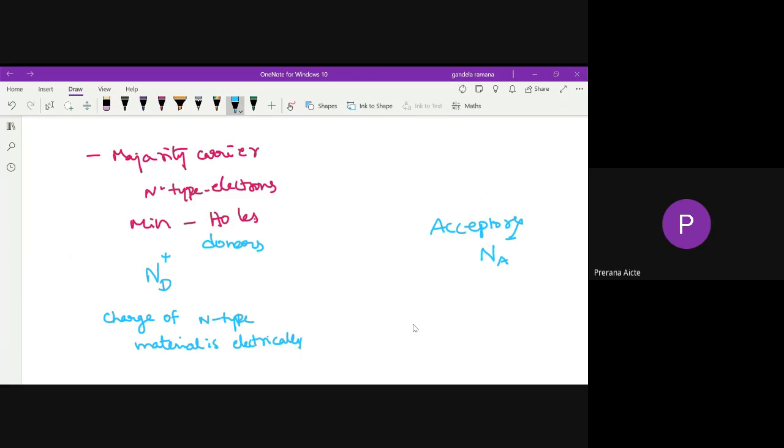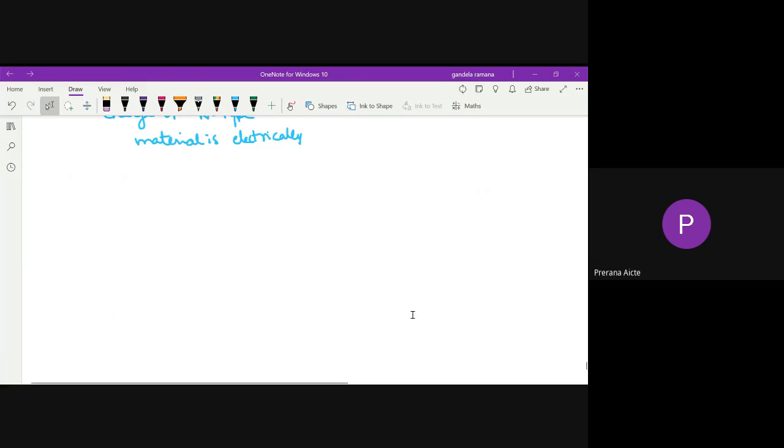Among these, n-type material is more popular than p-type. The n-type is formed by adding a fifth group element. Compared to p-type, n-type materials are popular because conductivity is due to electrons, and electrons have higher mobility.